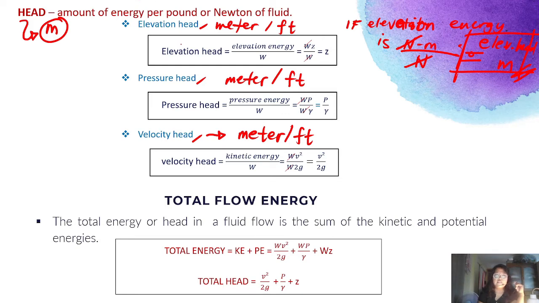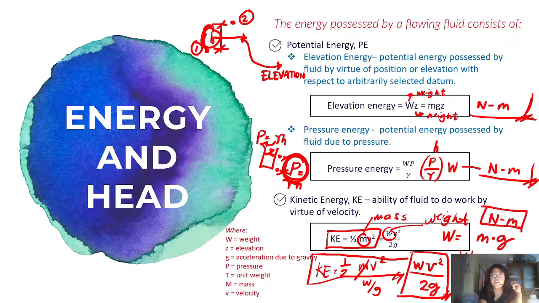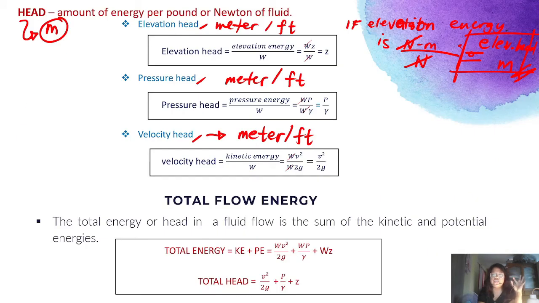Kasi, later on, ang ating pagbabasehan na is through head na lang. Kahit wag na natin i-consider itong elevation energy, pressure energy, or kinetic energy. We will be focusing now on the elevation head, pressure head, and velocity head, na yan ay isang unit of distance or meter na lang.